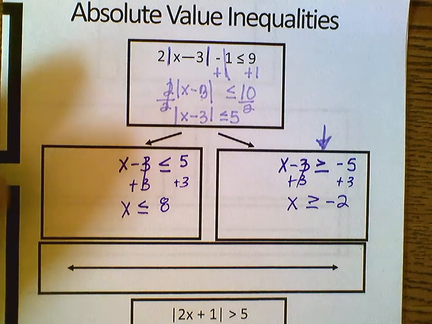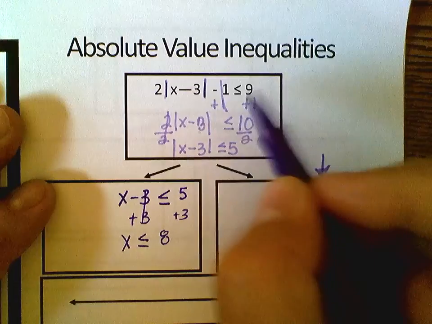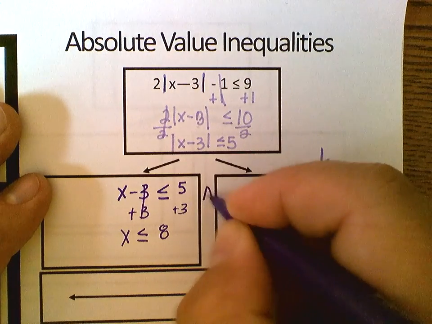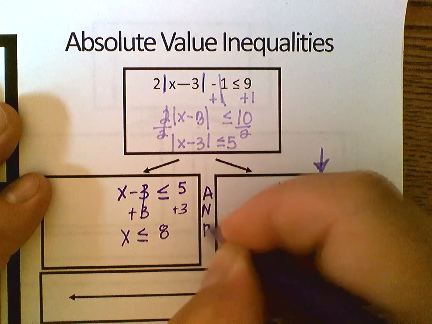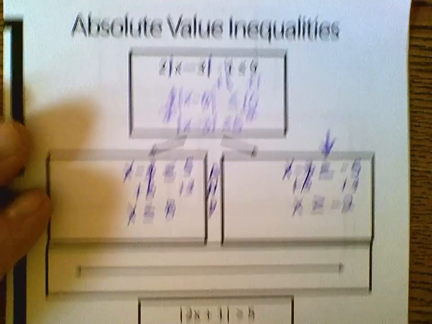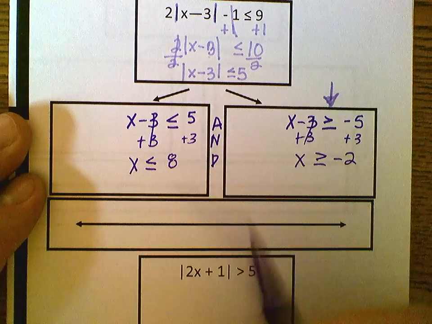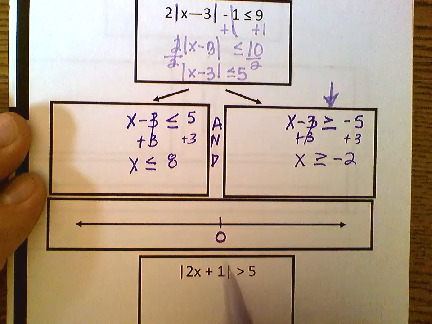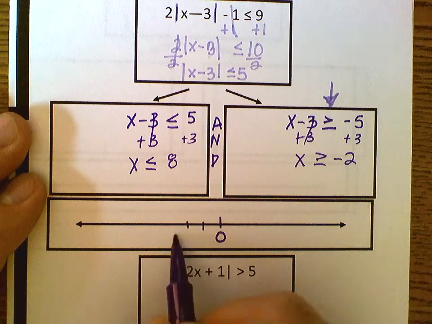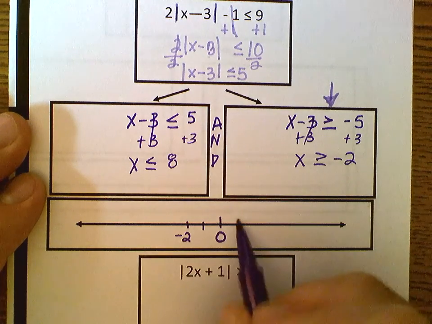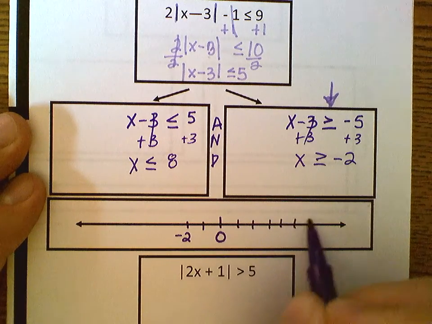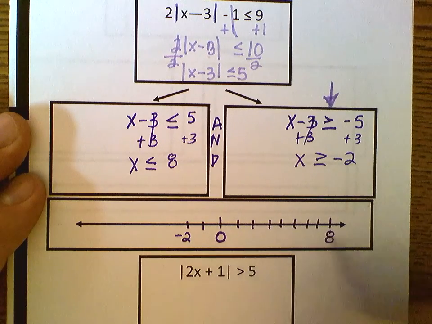And so again, this is a less than or equal to inequality. So this is an and compound inequality. And you can tell when you start graphing most of the time, except for special cases. So I'm going to put a 0 here. I have a negative 2 here, and 4, 5, 6, 7, and 8 here.